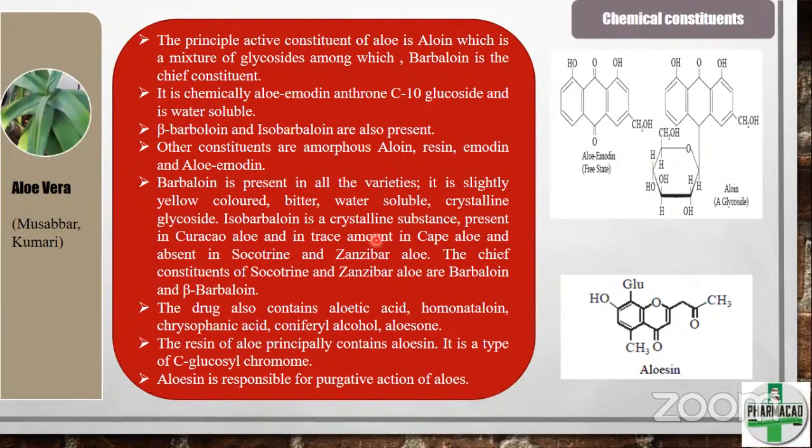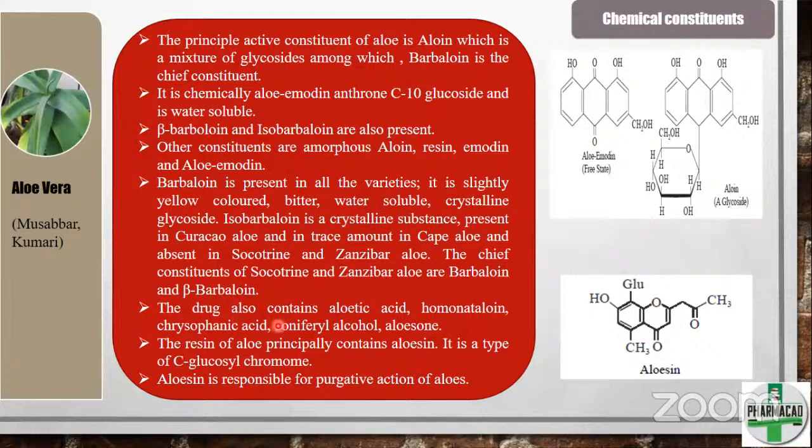So because of this isobarbaloin, we will study different distinguishing tests. Okay, in the next slide I will show you what the different tests are, but just remember here that the different distinguishing tests will depend on this. Okay. Chief constituents of socotrine and Zanzibar aloes are barbaloin and beta barbaloin.